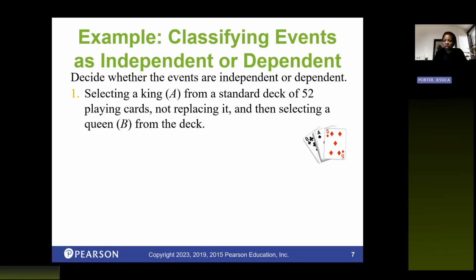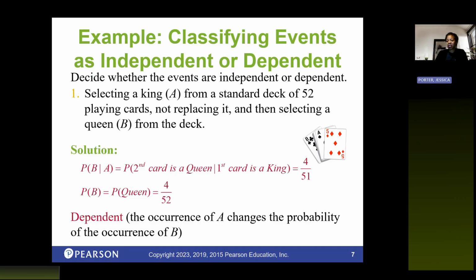Are these events dependent or independent? I got a lot of dependents. This is dependent because the first one affects the second one. Because you took out a king, so that left 51 cards. So one is dependent on the other.